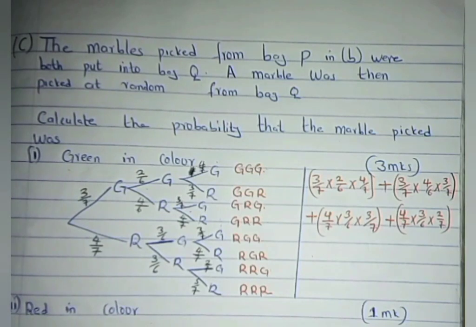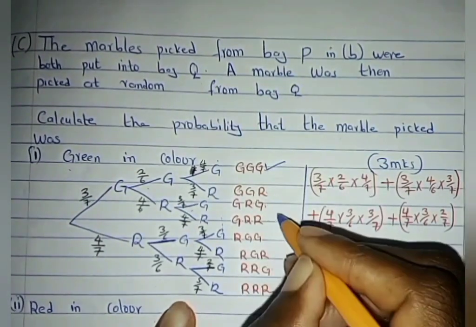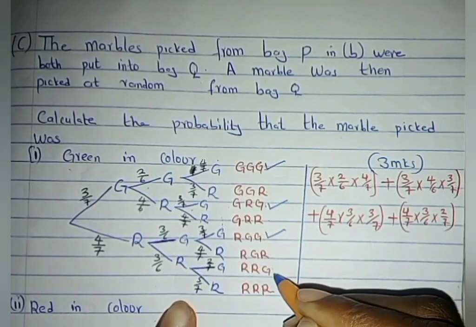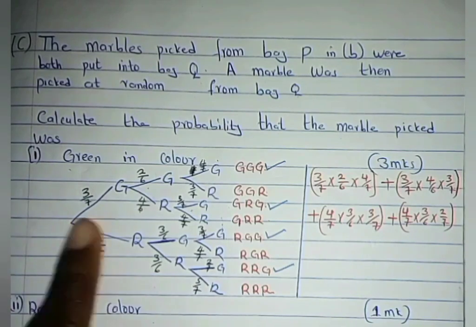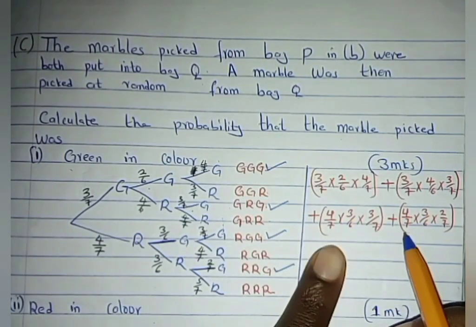The probability of picking a green will be here, a green again here, a green, and a green. So you multiply the probabilities here. I've tried to simplify it for you.